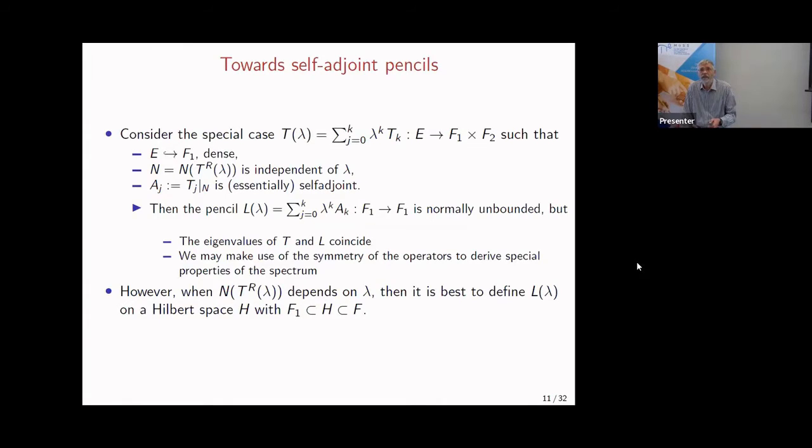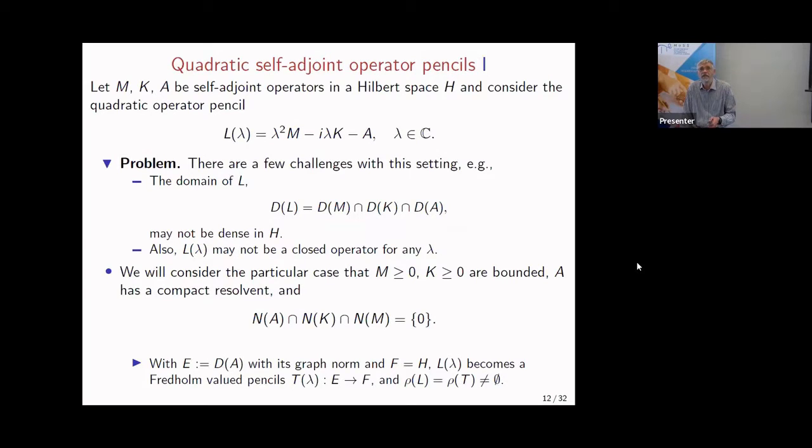Okay, so now I'm back to what I already talked about before. Now, we can go to the quadratic self-adjoint operator pencils. Here we are going to consider an operator pencil of the form lambda squared M minus i lambda K minus A. And now, this is just a formal pencil.